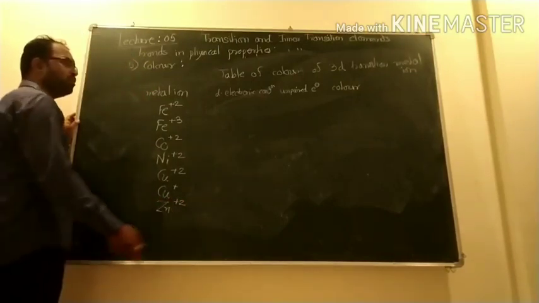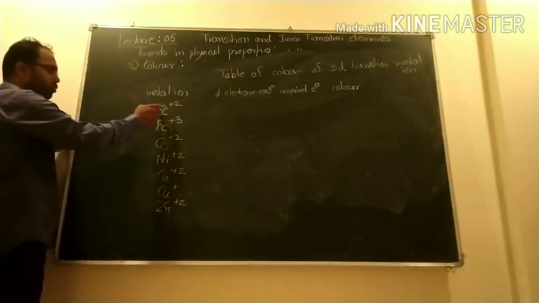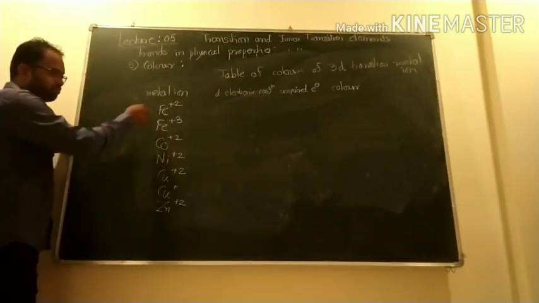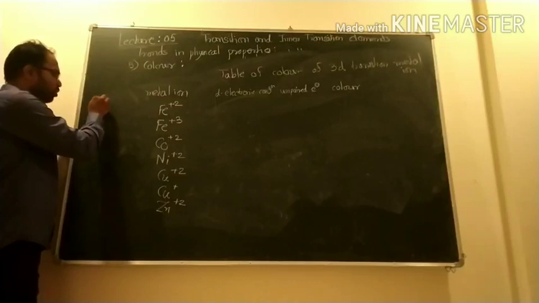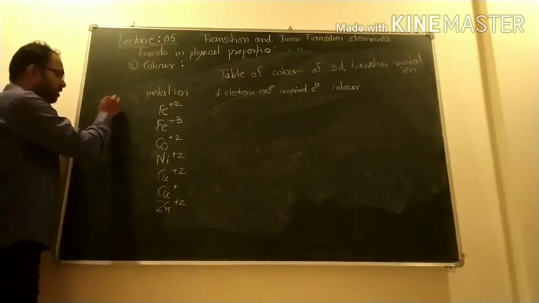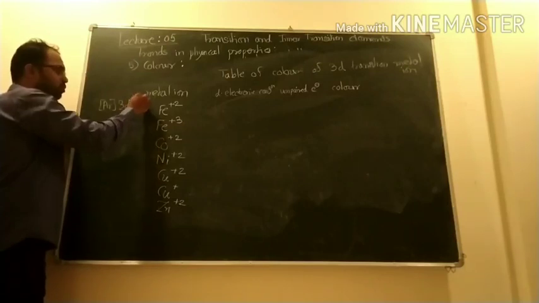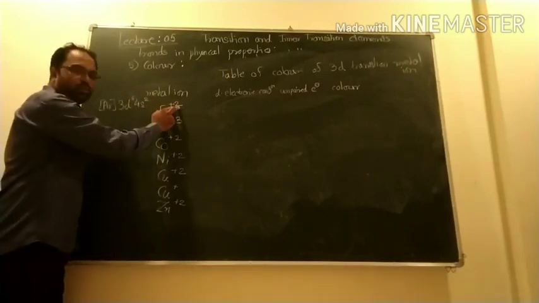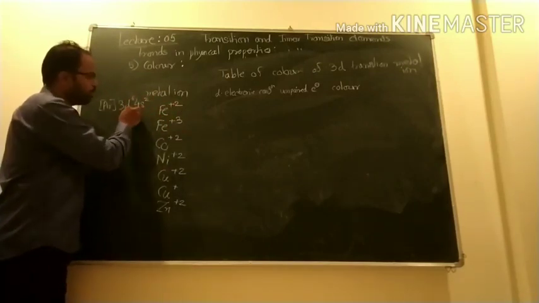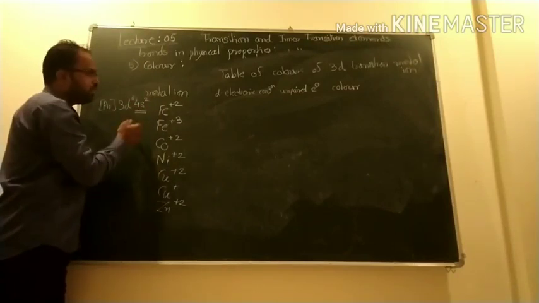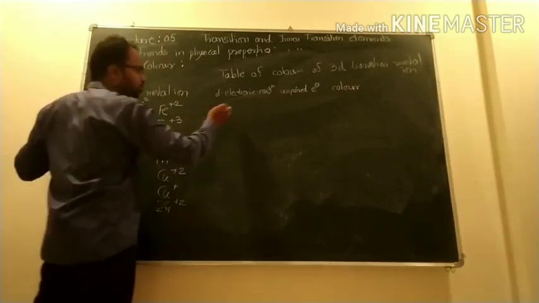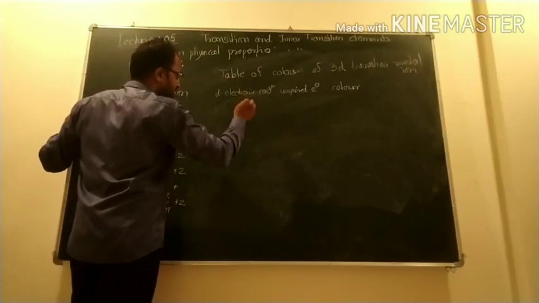Now we observe the electrons. In Fe, the electron configuration is [Ar] 3d6 4s2. For the +2 ion, only 2 electrons are removed from 4s. So the d orbital has 6 electrons. So this is the d6 case.